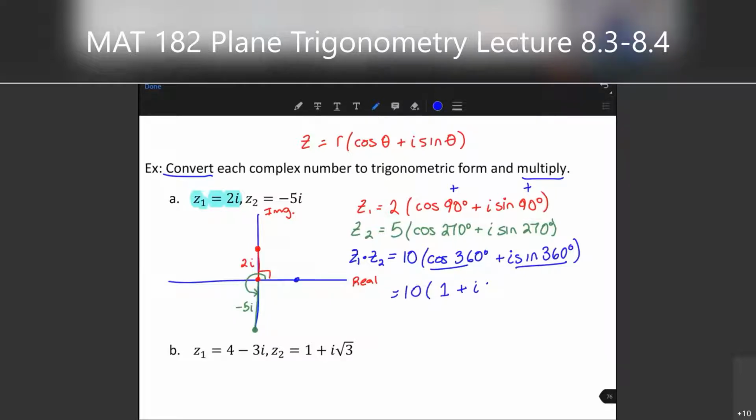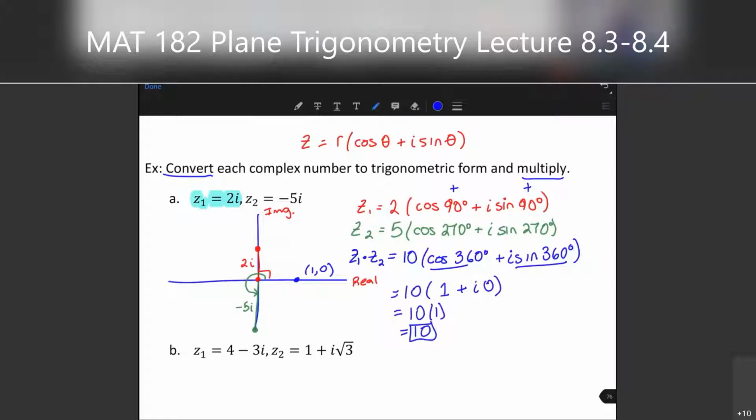Say 0 degrees. This is the point 1 comma 0. So our sine happens to be 0. Excellent. So it's really boiled down to 1 plus i times 0, times 10, which here is just going to be 10 times 1, or 10. So that whole product there just becomes 10.